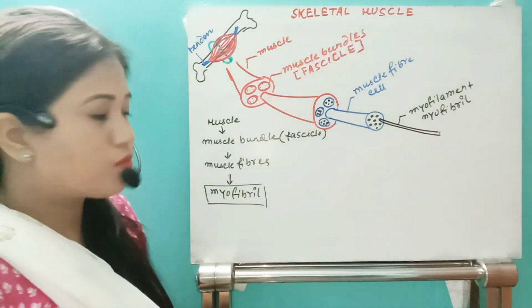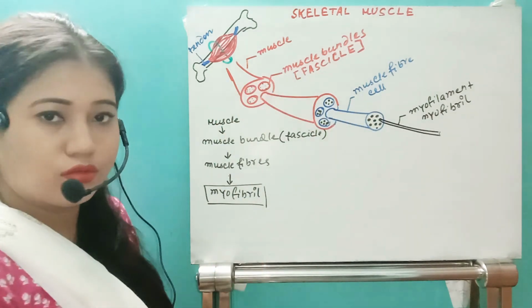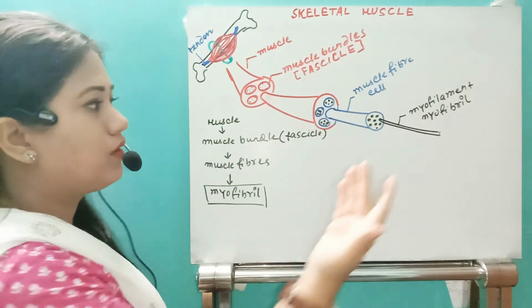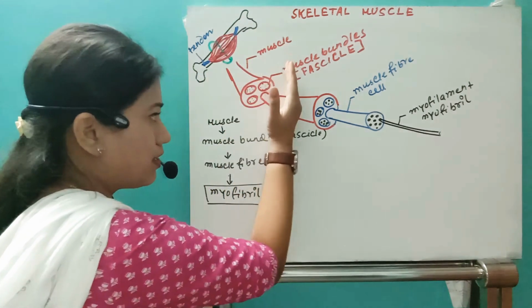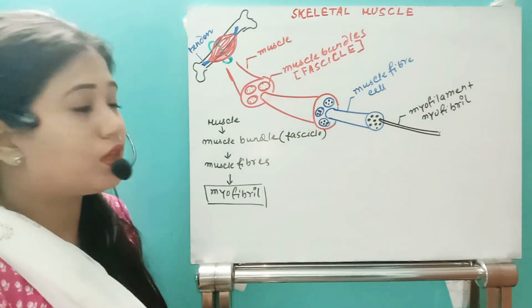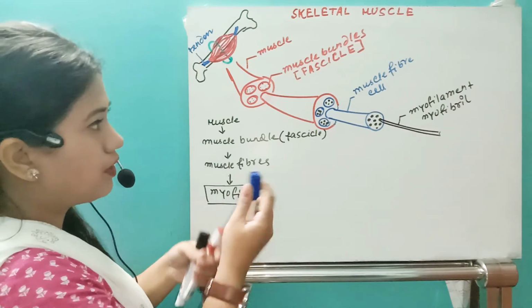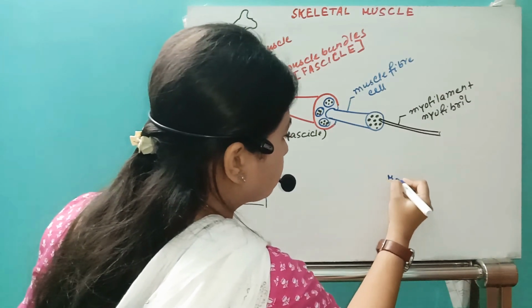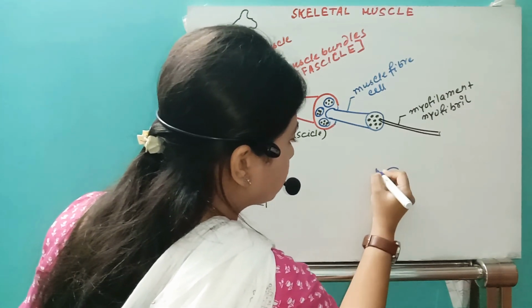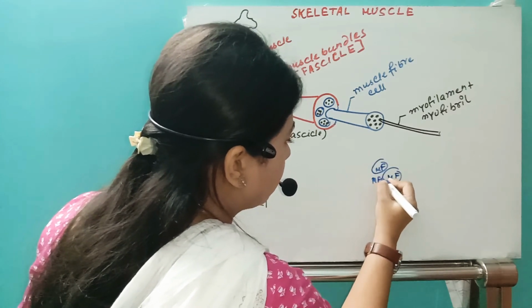So understand this point. After that, this is just a lateral view. Now, whenever we have a transverse section, how will it appear? I will just draw it. First of all, we are going to have the muscle fibers. This is one muscle fiber, this is another muscle fiber, this is another muscle fiber.